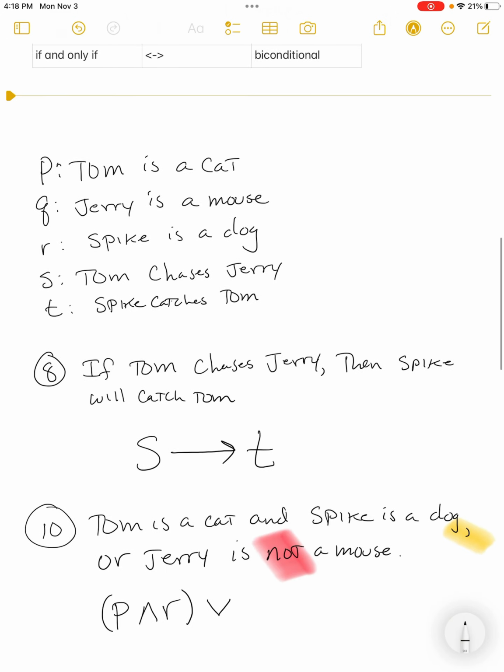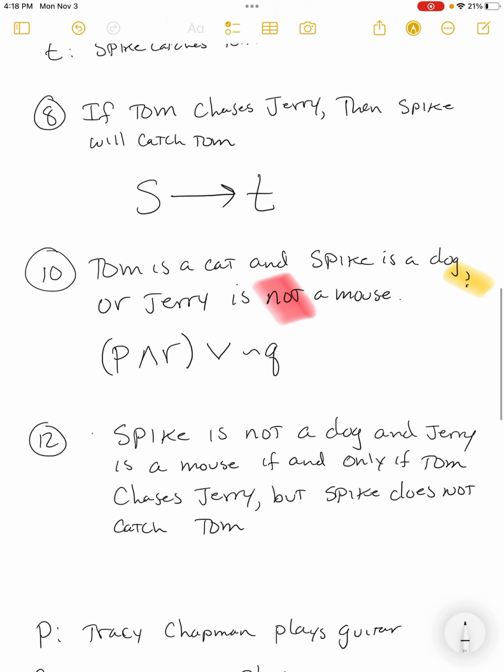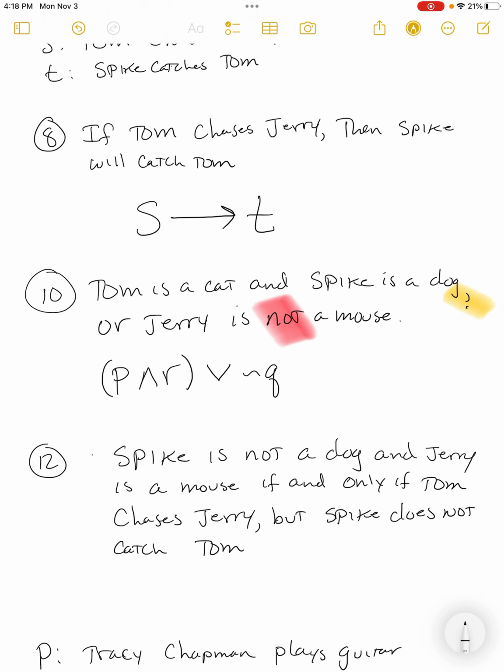We know that not is the negation, so it's that little wavy line. Not and Jerry's the mouse is Q. P and R or Q. So again, the reason for the parentheses is because of the yellow highlight. I need to make sure we know that the and statement is done together before the or is applied.